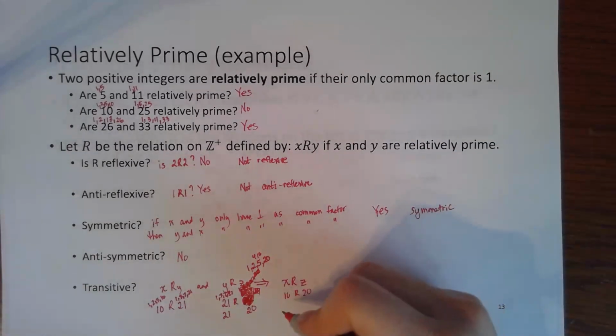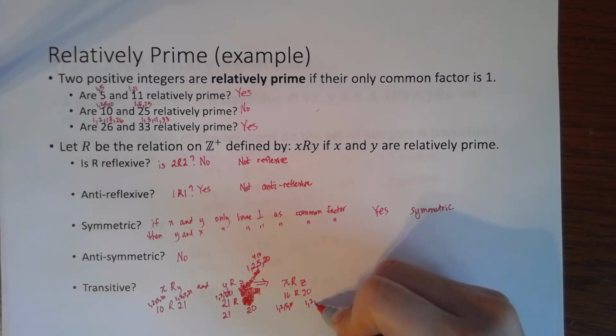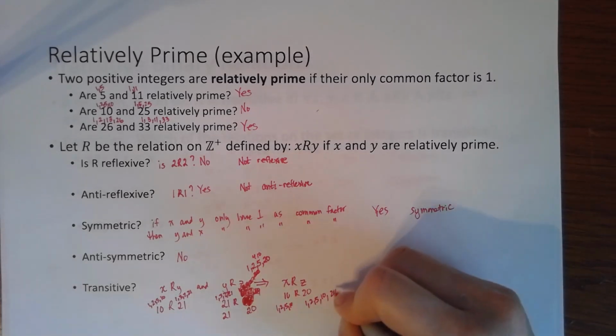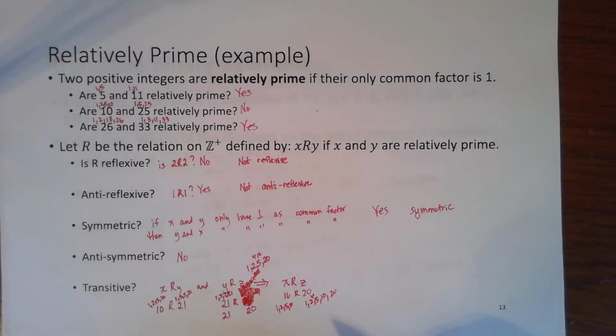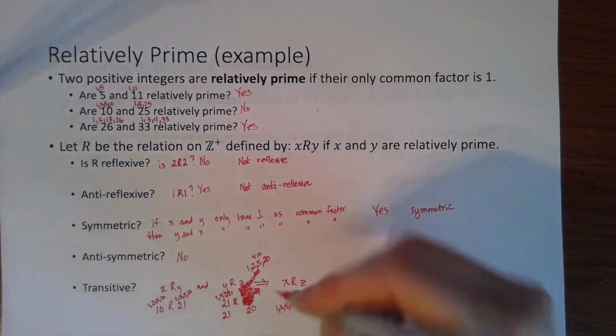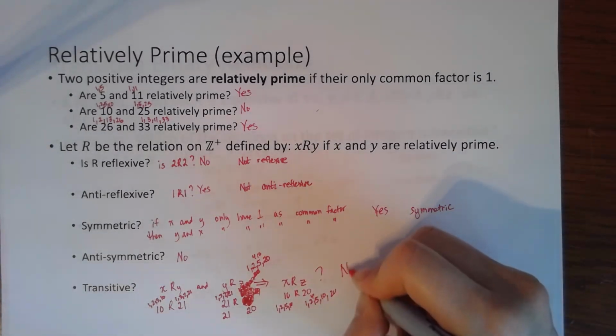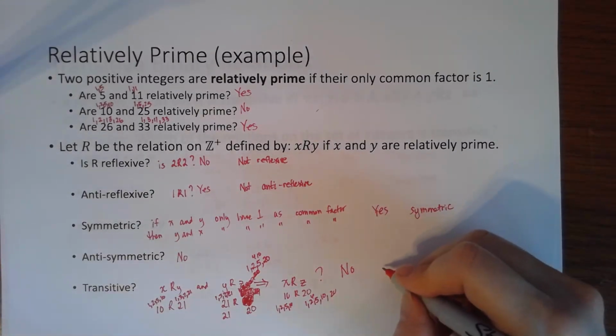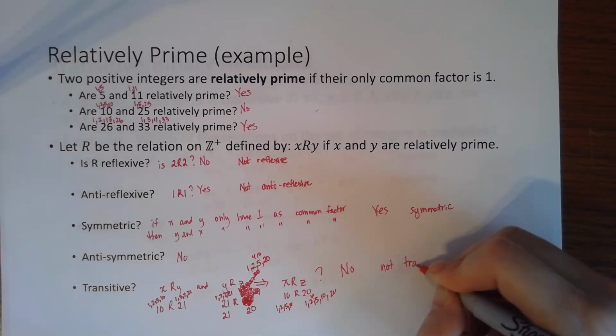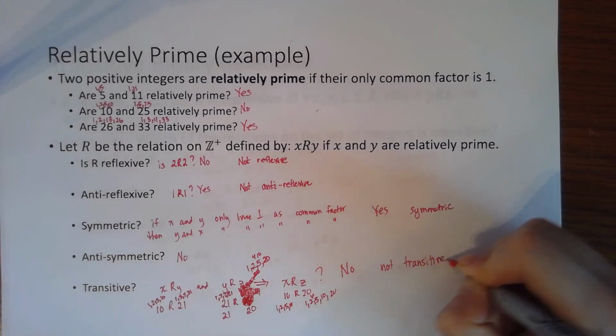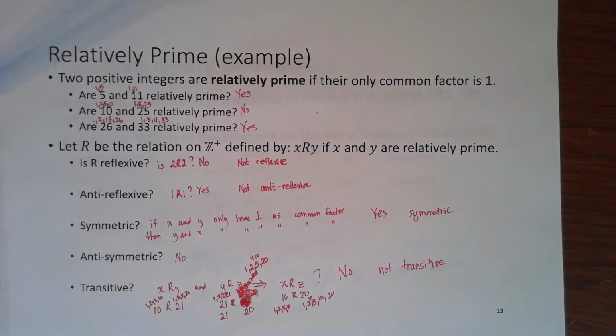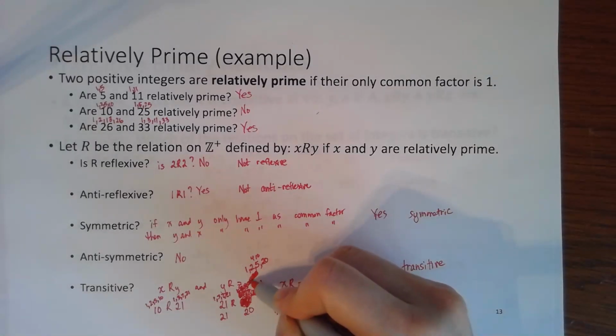Well, certainly not. 10 has factors 1, 2, 5, and 10. 20 has 1, 2, 4, 5, 10. Lots of common factors like 2, 5, and 10. So this one is a definite no. So this one is not transitive. Sorry, it took me a while to get there.